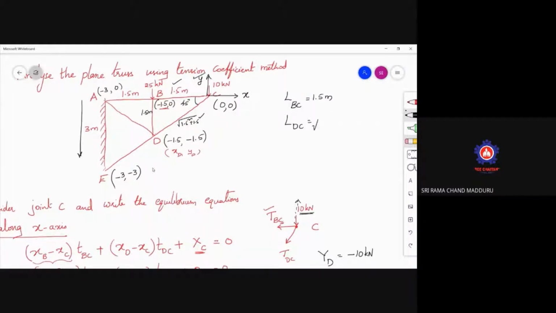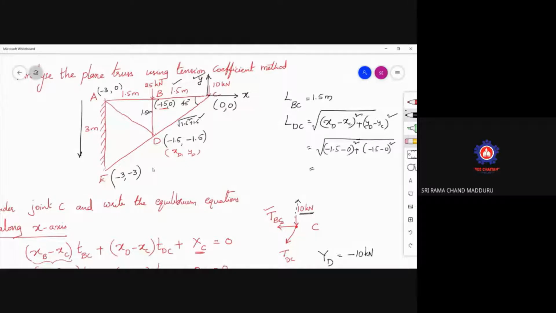Otherwise, what we can do is the square root of (xD minus xC) whole square plus (yD minus yC) whole square. So, what is the value of xD? Minus 1.5 minus 0 whole square plus minus 1.5 minus 0 whole square.